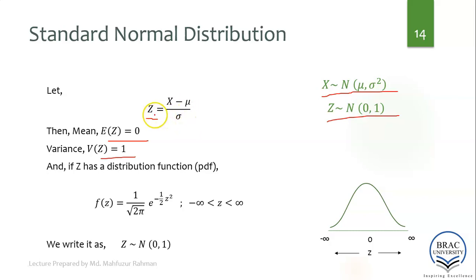Then you will easily get that transformed standard normal variable z, and that z has a probability density function which is also changed to some extent, and its range remains similar as our original random variable x. Then we can say that the standard normal variable z follows normal distribution with mean 0 and variance 1, and that's how the curve shows.